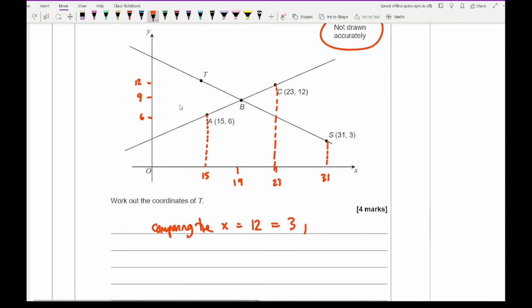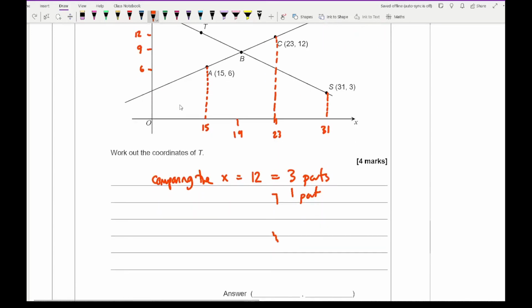So that equals 3 parts. And what we want to know is what 2 parts are. So 1 part is going to equal 4. So 2 parts are going to equal 8. So that means then that from 19, T is going to be 8 coordinates away. So 19 take away 8 is 11.